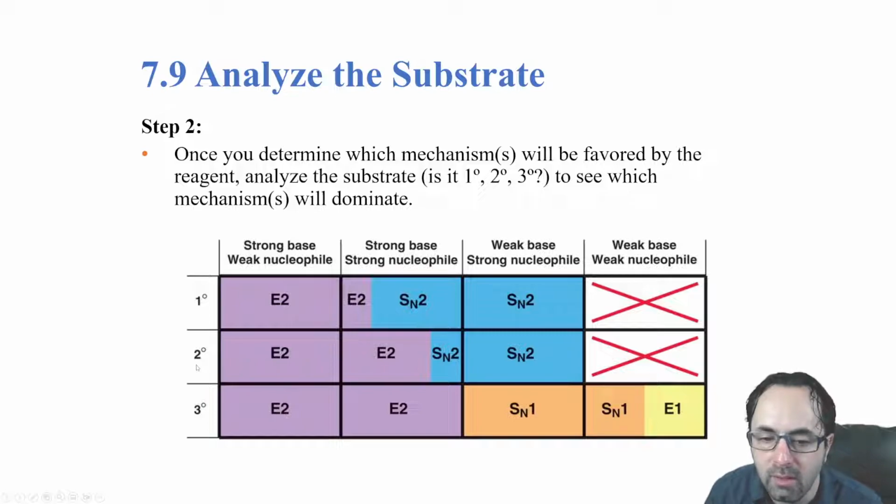If the substrate is secondary, then the SN2 reaction is slowed down because the backside attack of the nucleophile is sterically hindered. So the SN2 ends up as the minor product, and the E2 ends up as the major product. And if we have a tertiary alkyl halide, the SN2 reaction becomes so slow that the E2 is dominant.